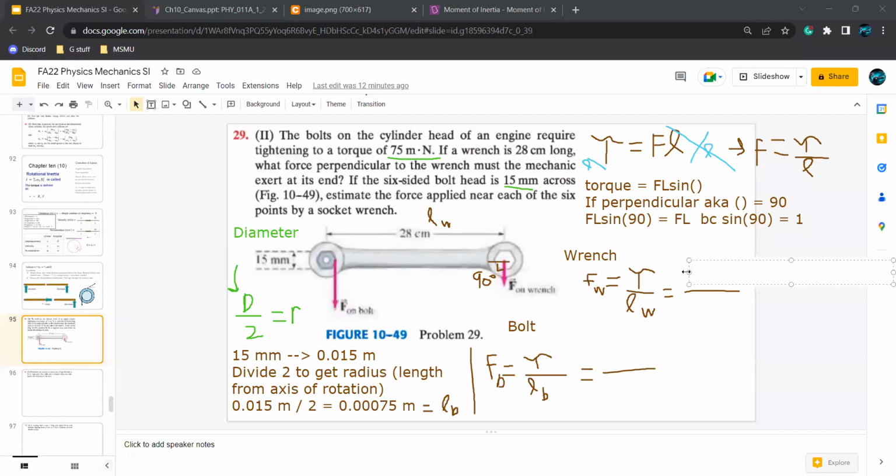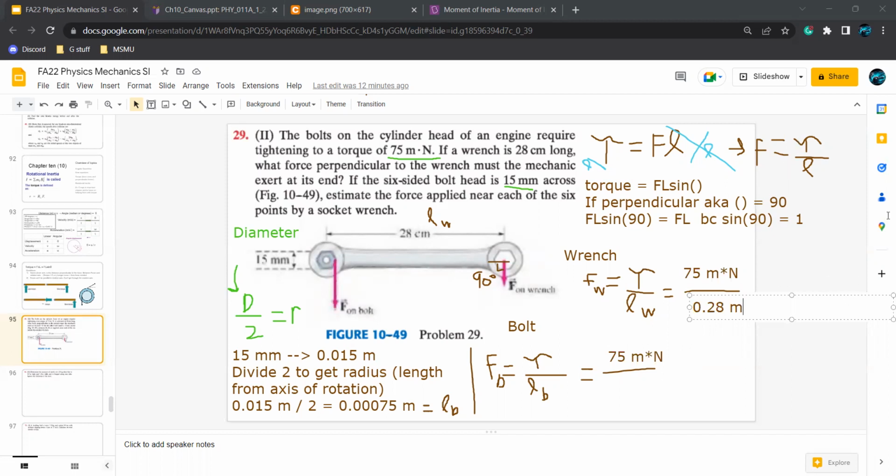Total torque is as given, 75 meters times newtons. And then the length of the wrench is, oh, I didn't convert it, 28 centimeters, which is 0.28 meters.